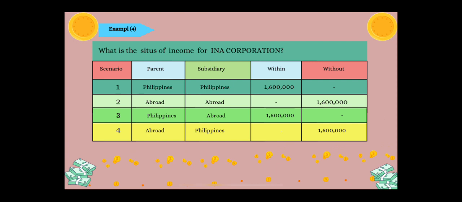For scenario 1, we have the parent in the Philippines and a subsidiary in the Philippines. It belongs to within the Philippines and the amount is 1,600,000. For scenario 2, the parent is abroad and the subsidiary is abroad also, it belongs to within the Philippines and the amount is 1,600,000.